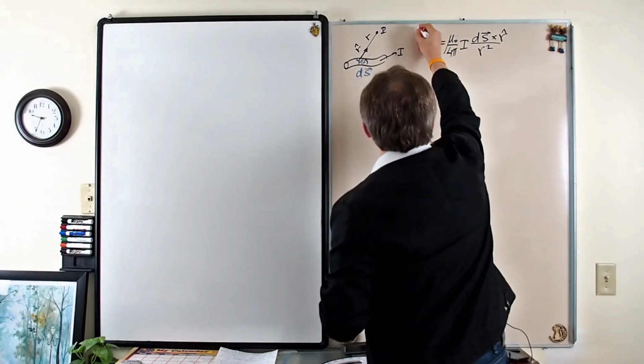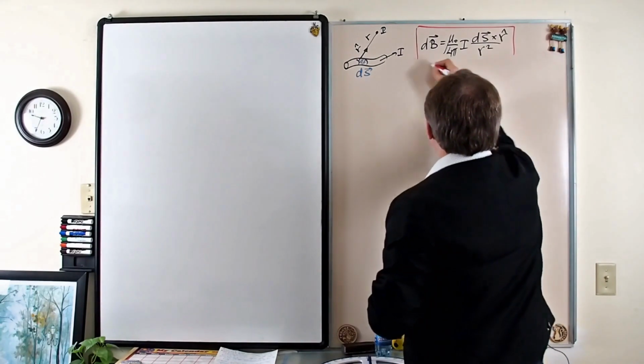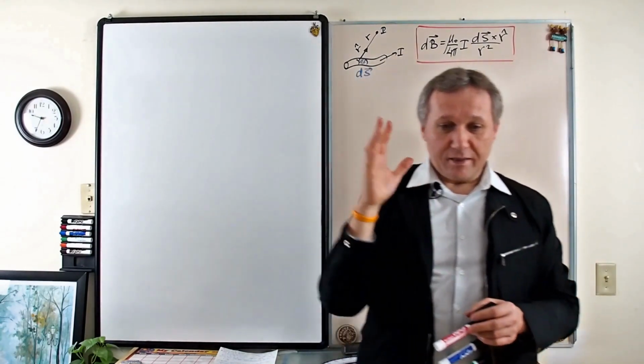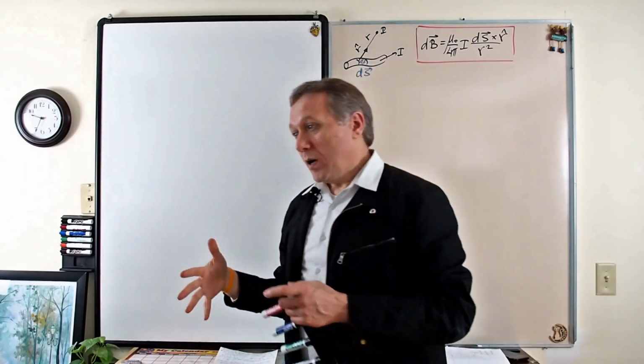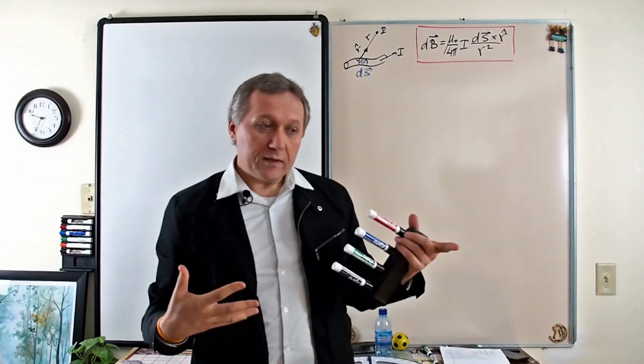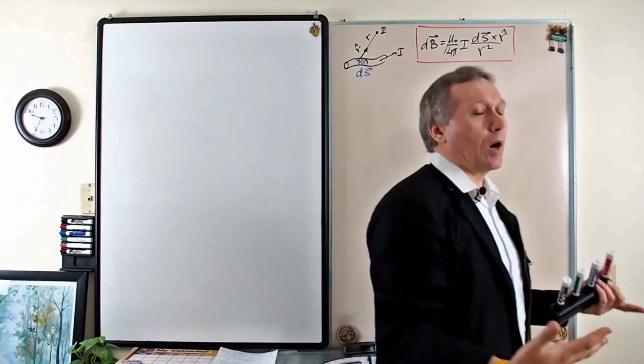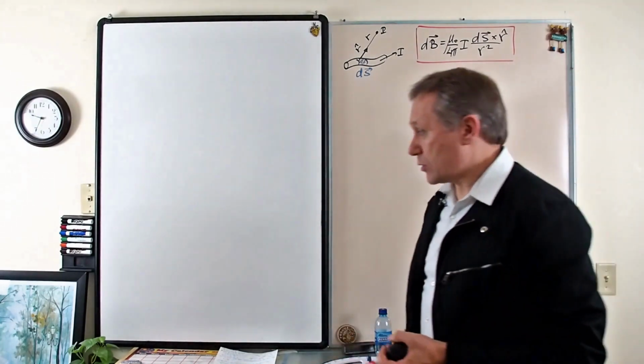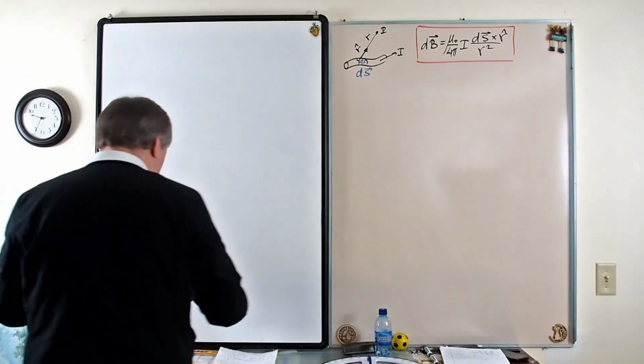So we can frame it, and today we are going to use this formula to calculate the magnetic field created by a reasonably complicated piece of wire. Now let me draw that piece of wire and calculate the magnetic field.